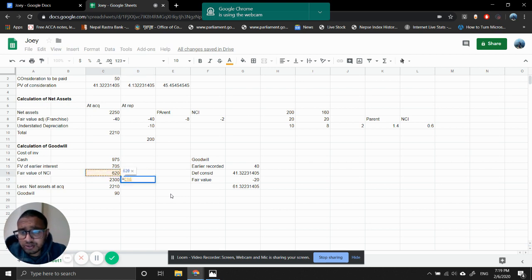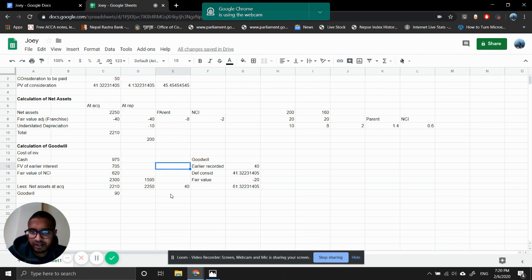Okay. So they had just added this figure plus this figure, right? So 1595. They had added it up. And then how much was over here? Was this figure 2250, right? So this change is attributed to, this change over here is from here, and then after that there should be a 50 gain over here, okay, to reach that figure.